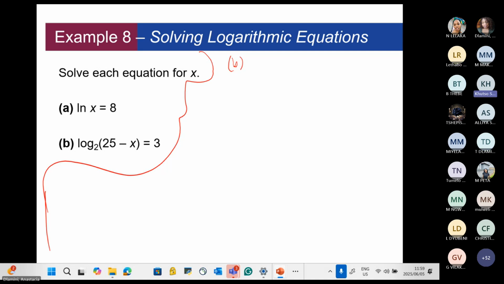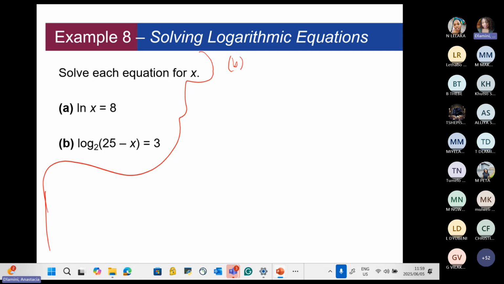Using one of the methods that ma'am showed us when ma'am introduced the logs. But you don't say 2 to the power of 3. You say log 3 to the power 2, and then you take the 25 minus x to the right hand side.